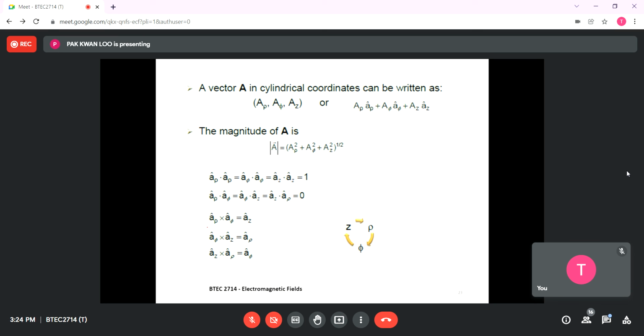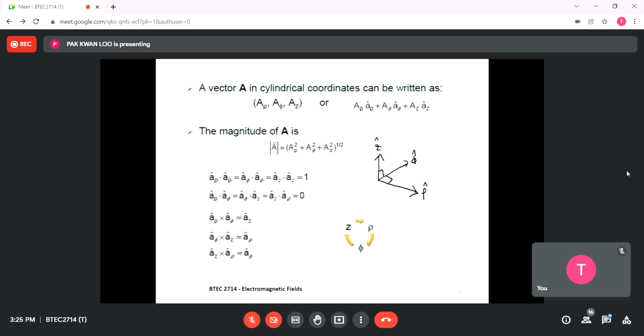And it is cyclic. Same goes for how we determine the cross product between two vectors. Bear in mind all these are perpendicular.